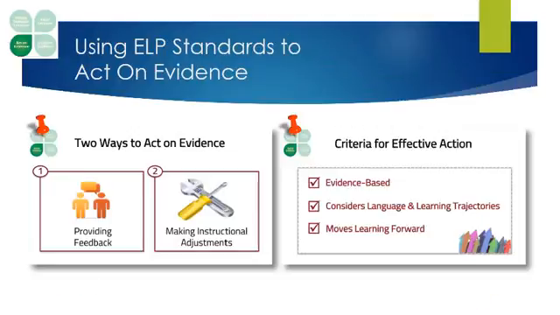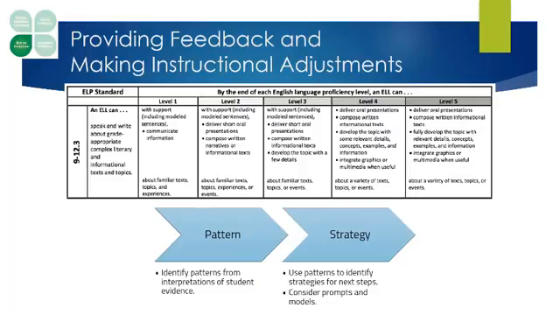As a quick review, the two ways to act on evidence include providing feedback to students and making instructional adjustments. The ELP standards can be a useful source for either of these actions. The standards, PLDs, also can be used to provide specific feedback tied to our learning and language expectations.